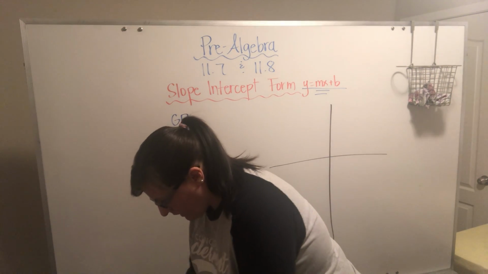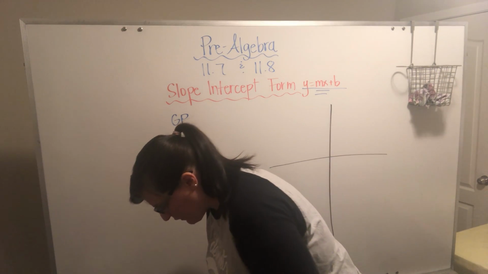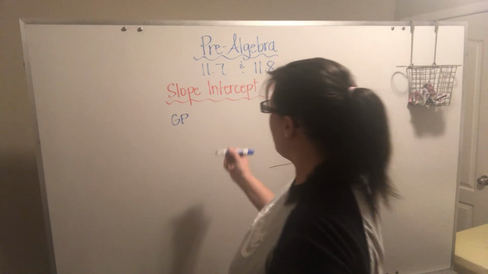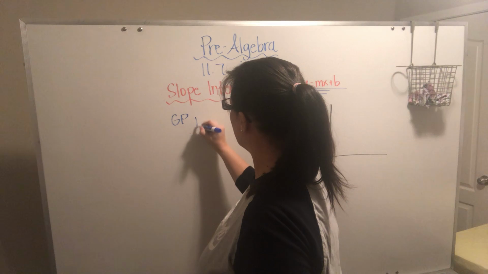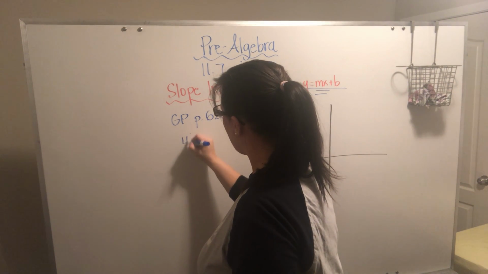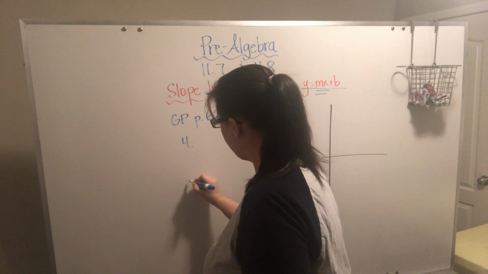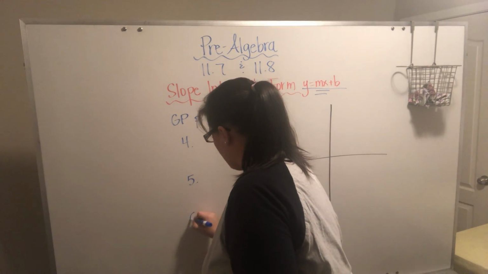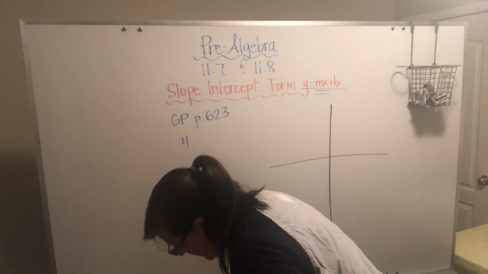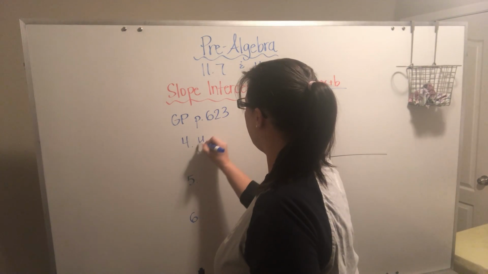On page 623, numbers 4 through 6, guided practice. Down below, this is where the graphing comes in. Super fun. All right, now, graphing, numbers 4, 5, and 6, make sure you can see those. Y equals 2x plus 5.